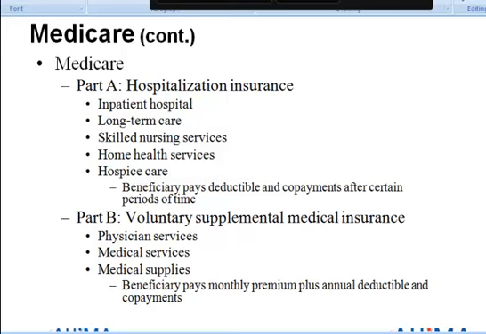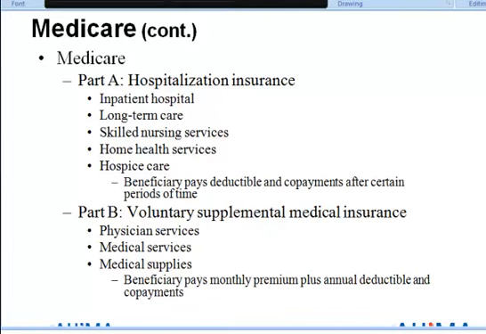Services that would be included in Part A include, as I said, inpatient stays, your long-term care hospitalizations, skilled nursing services, home health, and hospice. Table 4.1 in Chapter 4 of your textbook does outline some Part A services, and the sites, the benefit periods, what the patient's responsible for, so you can review those to get a broader idea.